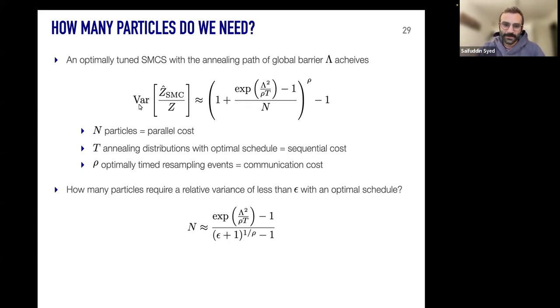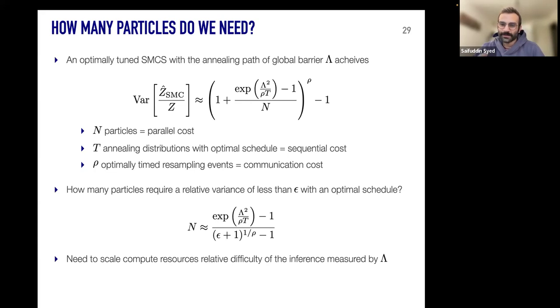So you can set this left-hand side equal to epsilon, pretend this is an equality, and then move things around. And you end up getting that n is approximately equal to this. So this is the number of particles that we need to get a stable estimate. So how does this actually work in practice? How does this scale as the difficulty of the problem gets harder?